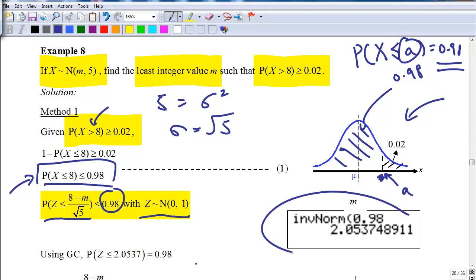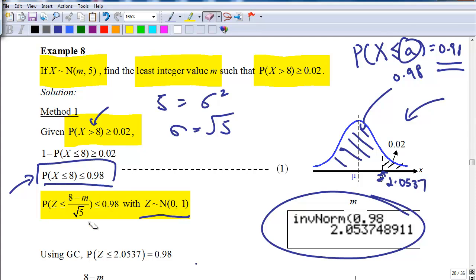Now inverse norm, using 0.98, will give me the value of A. If you press this out in your GC, you'll get 2.0537 for A. Let's put that down here. That means this number is 2.0537. Now, if that's the case, then look at what we have here.